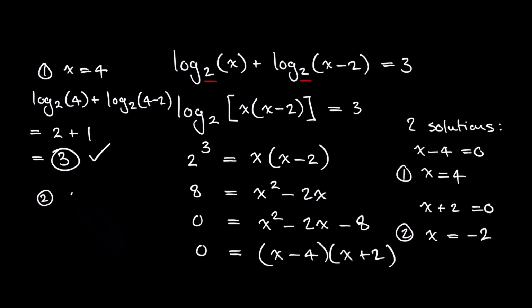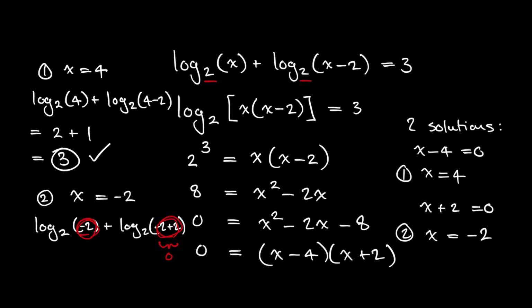Well, when we try that, x is equal to negative 2, and plug that in, we get log base 2 of negative 2 plus log base 2 of negative 2 plus 2. But there's a bit of a problem here. Can you spot it? Yeah, it's the fact that this guy here is negative, and this, when it simplifies, will give you 0.